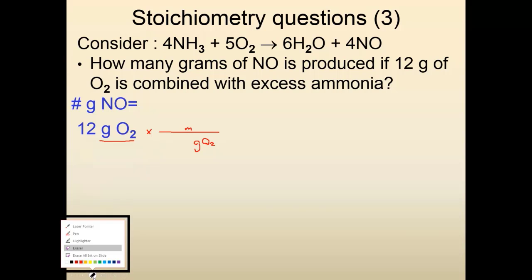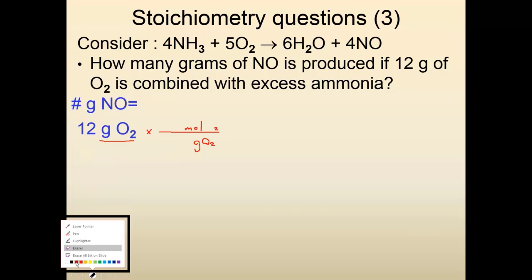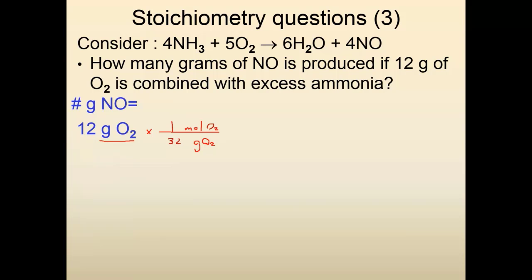In this case, remember, whenever I have grams, I have to go to moles of the same thing, moles of O2. And if that's the case, 1 mole is equal to the molar mass, right? What's the molar mass of O2? 16 times 2, that's 32. 1 mole is equal to 32 grams.